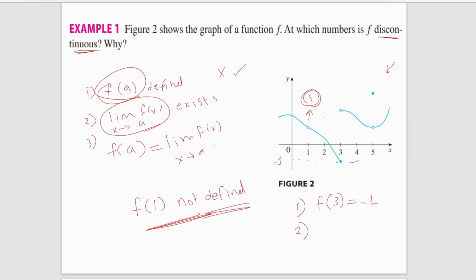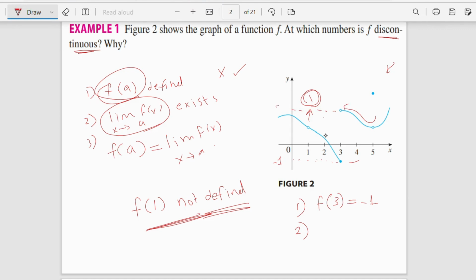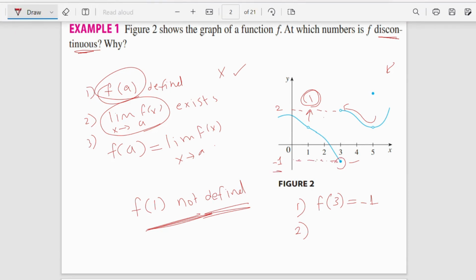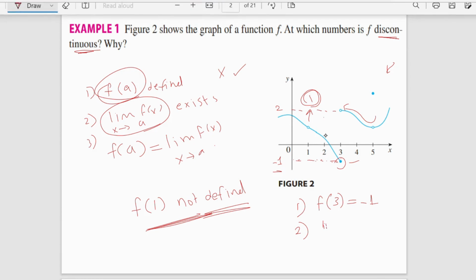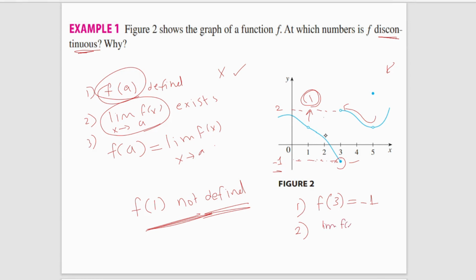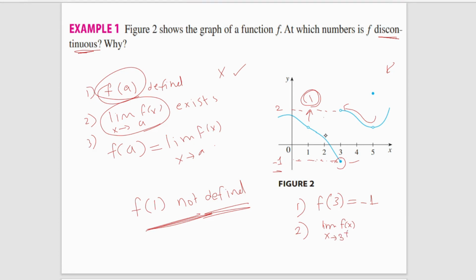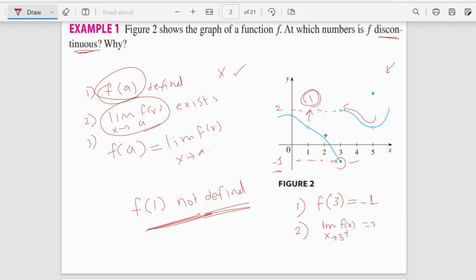The second condition, where I should find the limit from the right hand side, is equal to what? For example, it is equal to 2. And the limit from the left hand side is equal to what? It is equal to negative 1. The limit of f of x when x goes to 3 from the positive side is equal to 2.